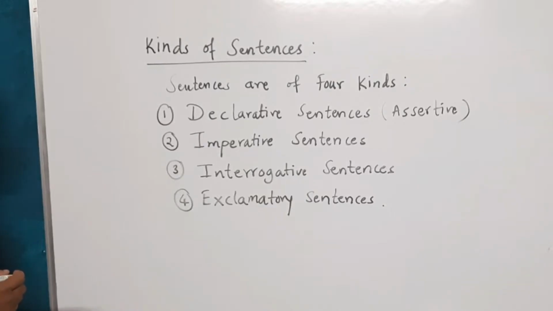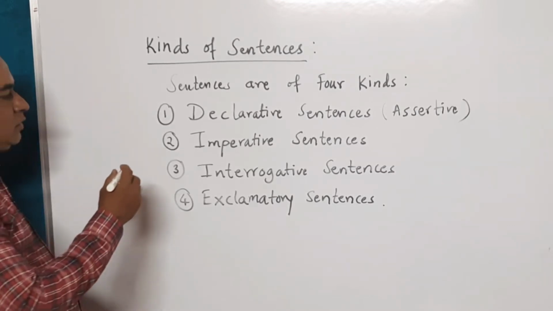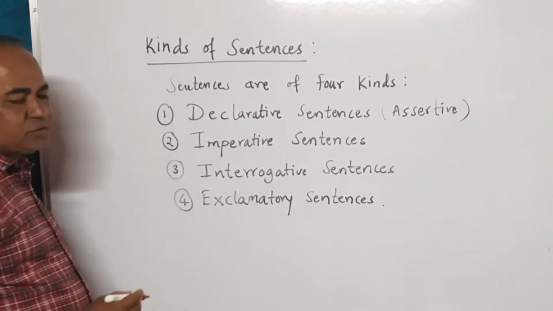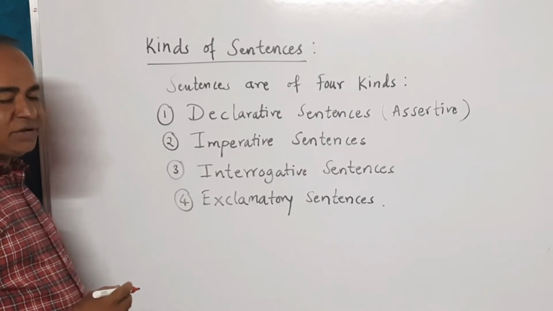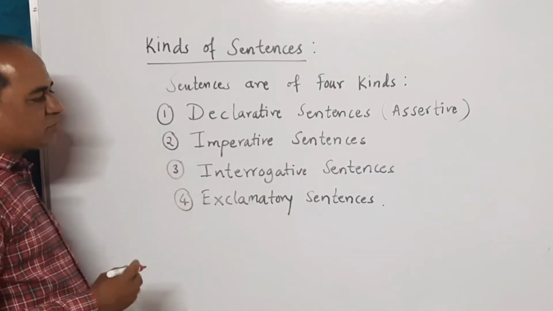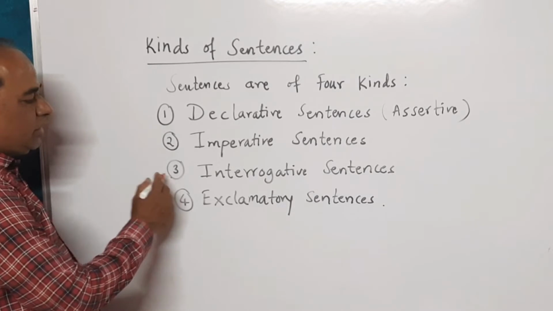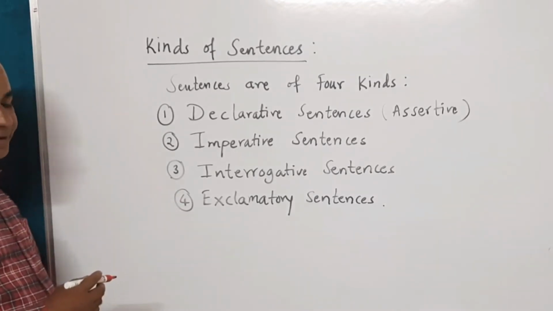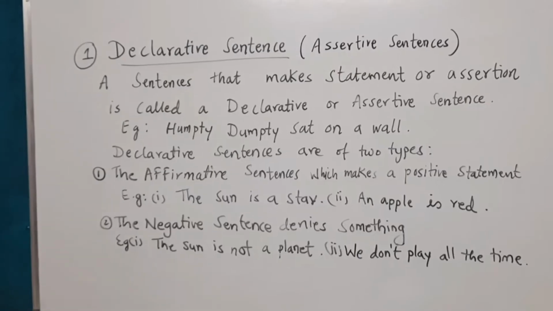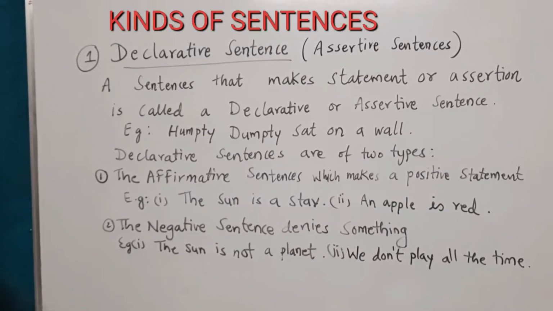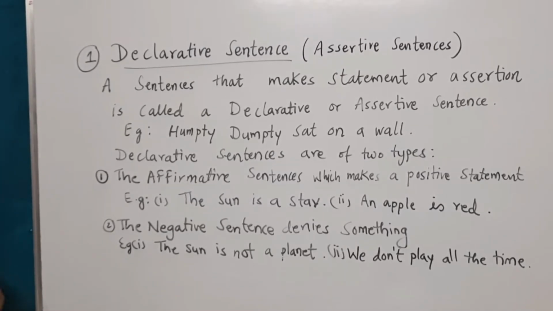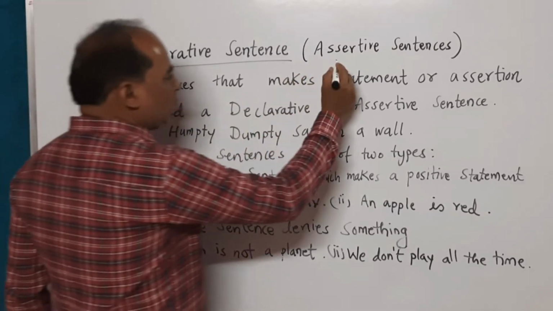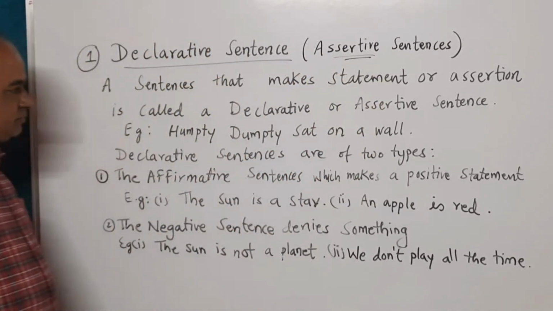Kinds of sentences. Sentences are of four kinds. First is declarative or assertive sentence, then imperative sentence, interrogative sentence, and exclamatory sentence. First kind of sentence, declarative sentence, also called assertive sentence.